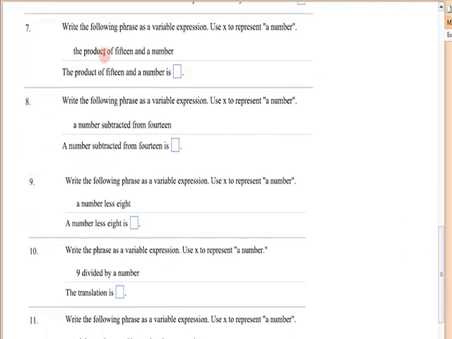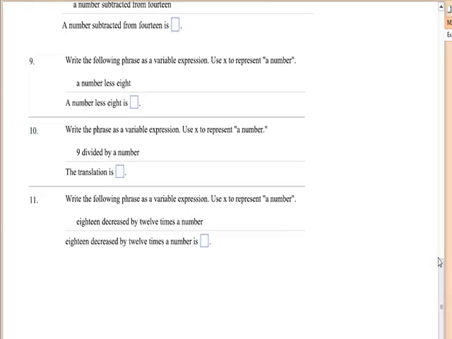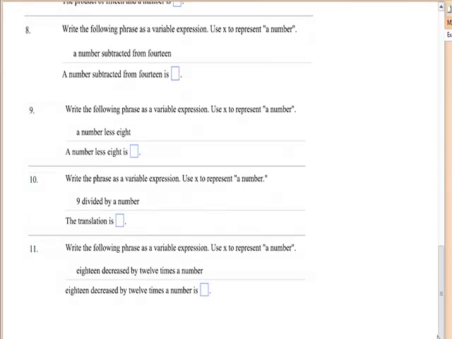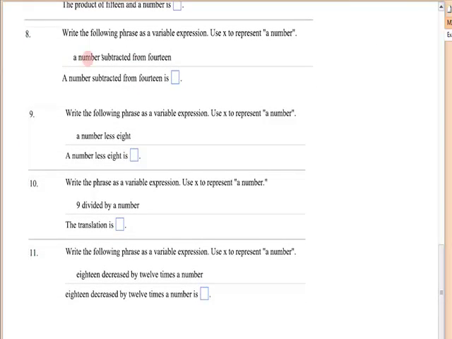All right, number 7. The product of 15 and a number. Product of means I'm going to do multiplication, of 15 and a mystery number. So you would write that as 15x. Number 8, a number subtracted from 14.